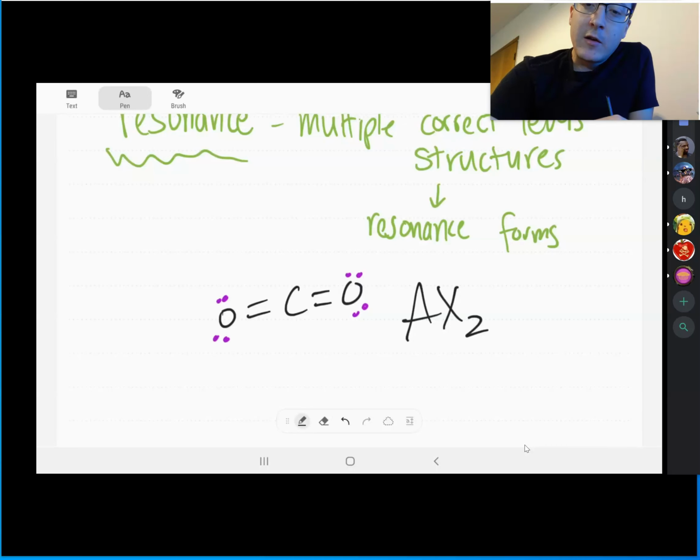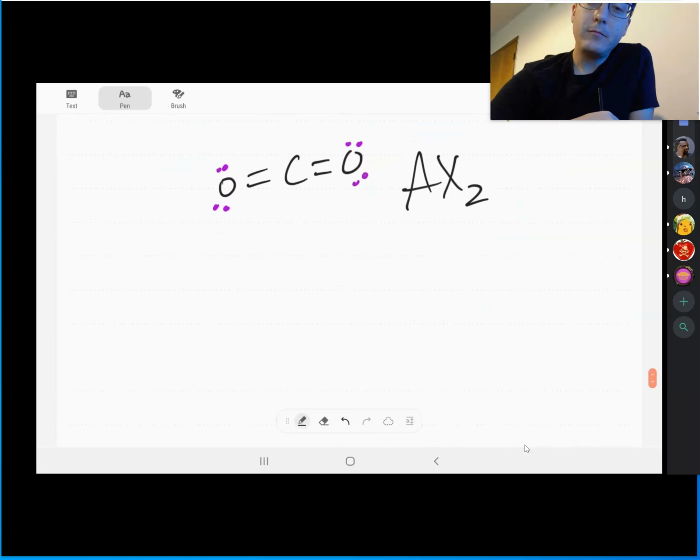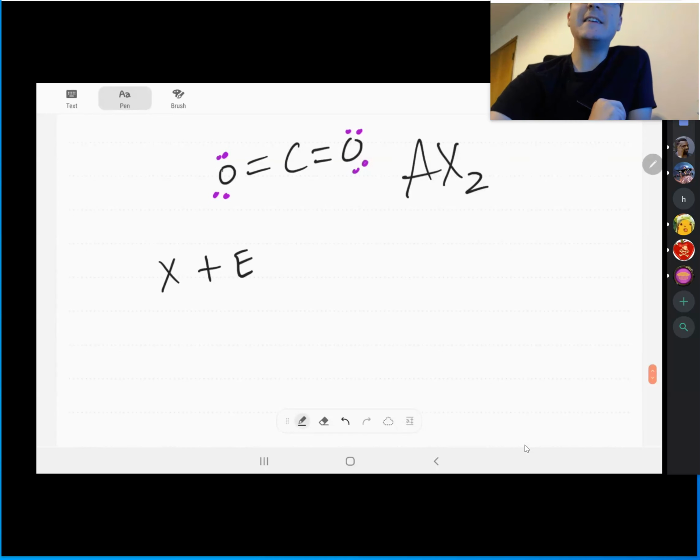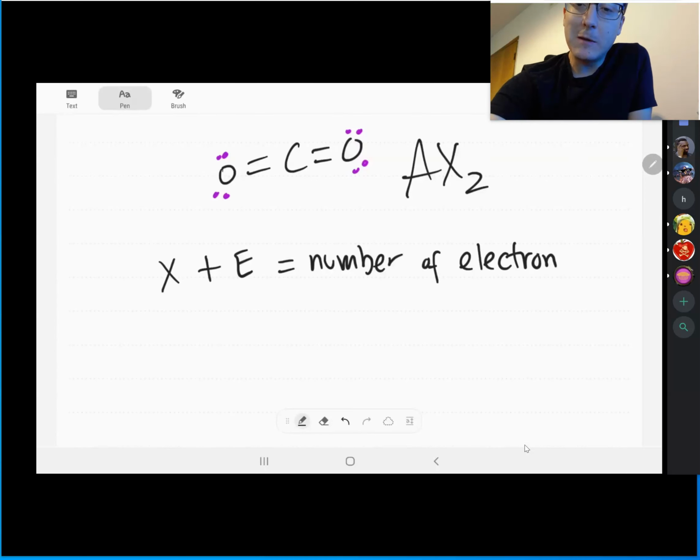Alrighty. So, next thing we're going to work on: if you add up your X's and E's on a particular structure category, that equals the number of electron domains.